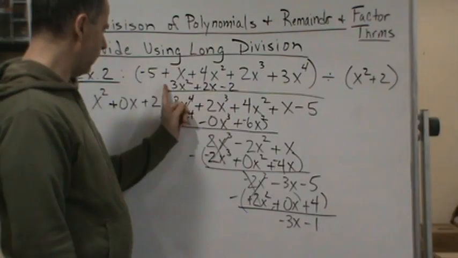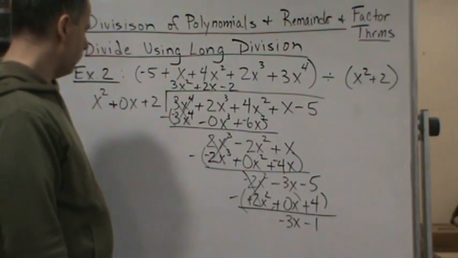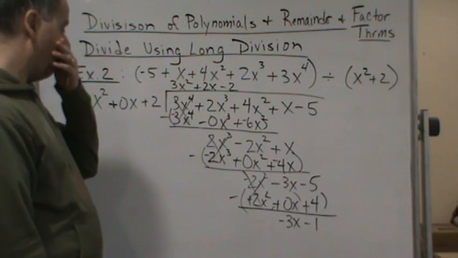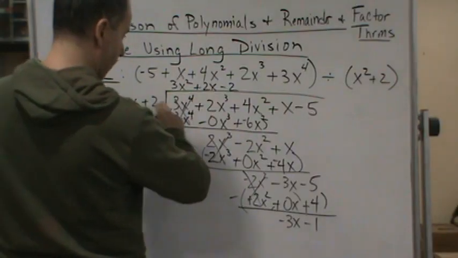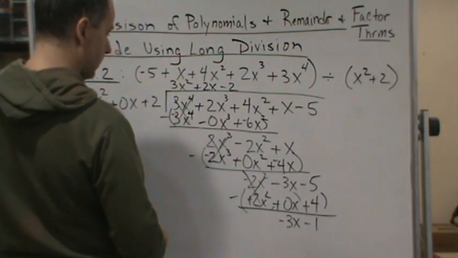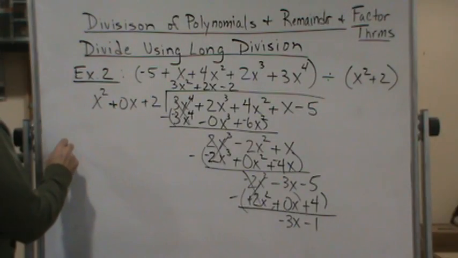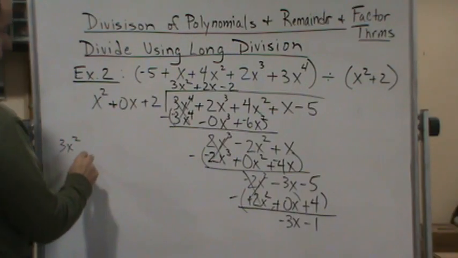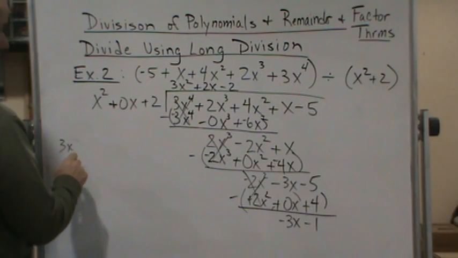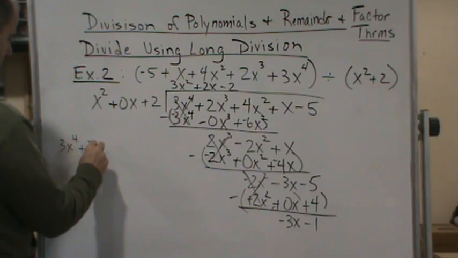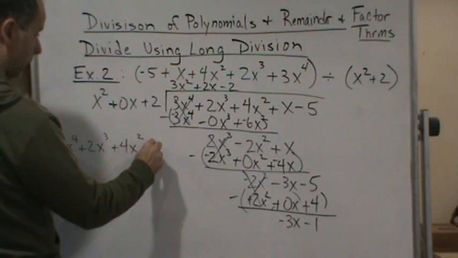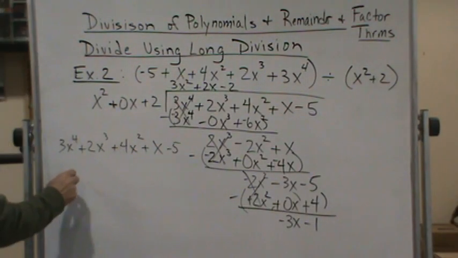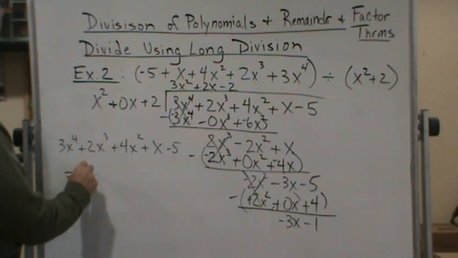This up top here is my quotient. And so now, by the division algorithm, I know that my dividend, 3x to the 4th plus 2x cubed plus 4x squared plus x minus 5, can be written as what?